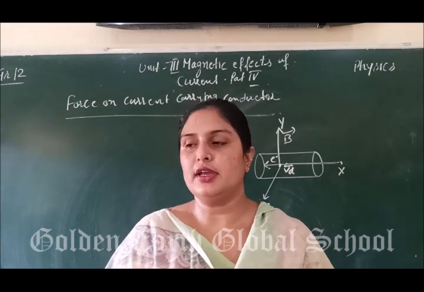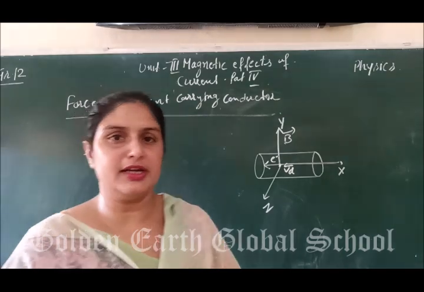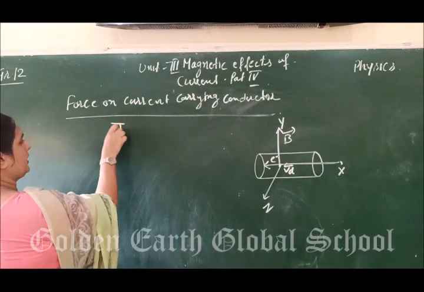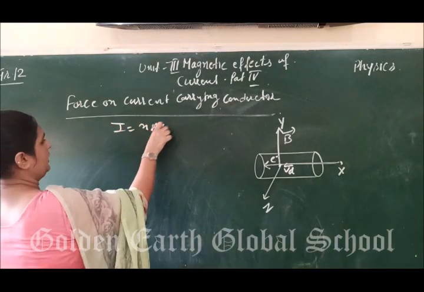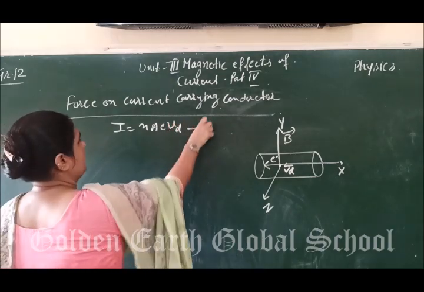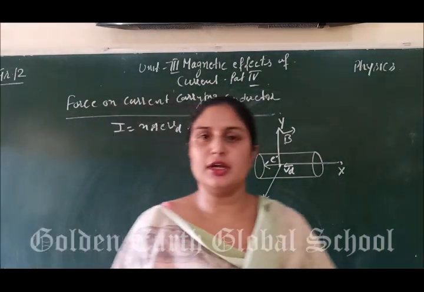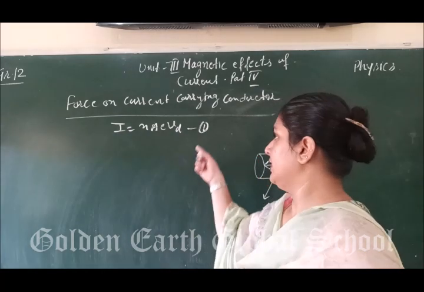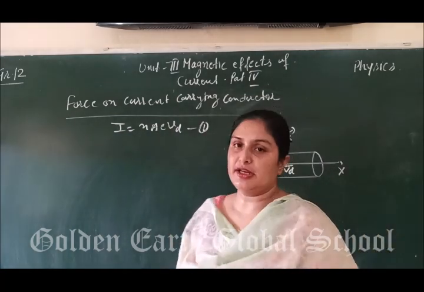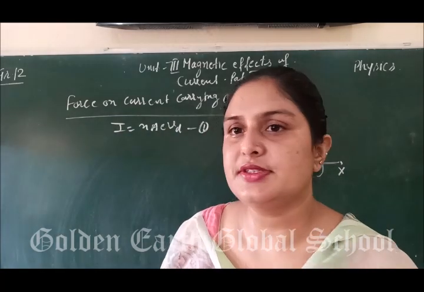We have already calculated the relationship between the current and the drift velocity, that is given by I is equal to nAeVd. This relation we calculated in unit number 3, chapter number 1.